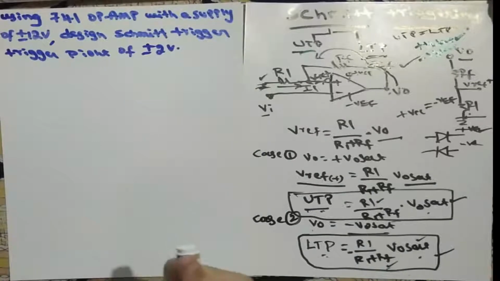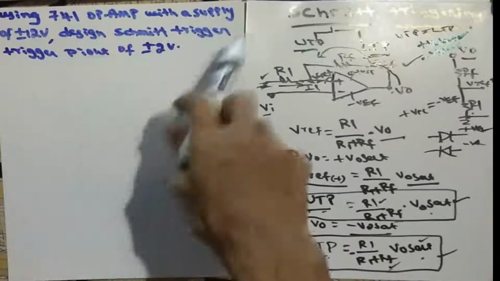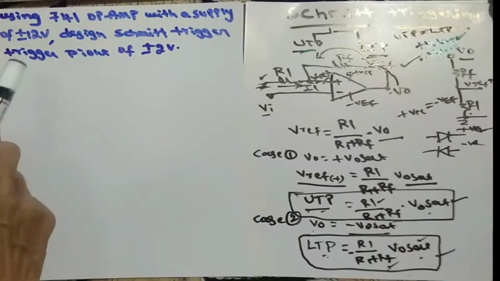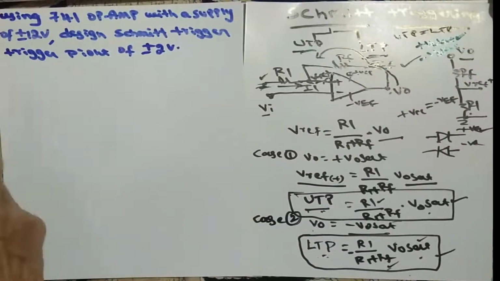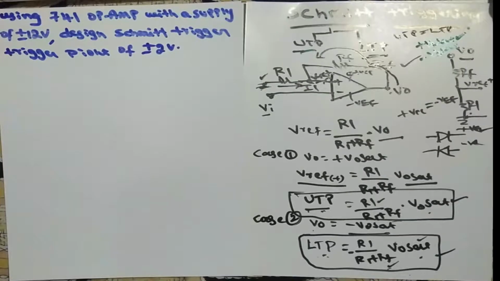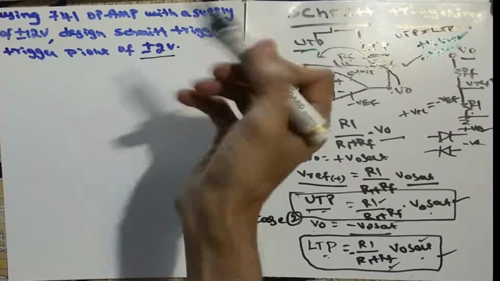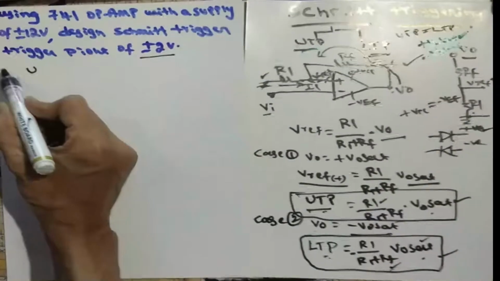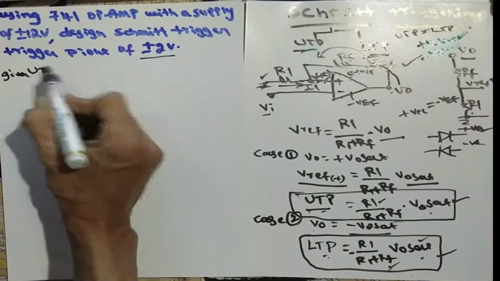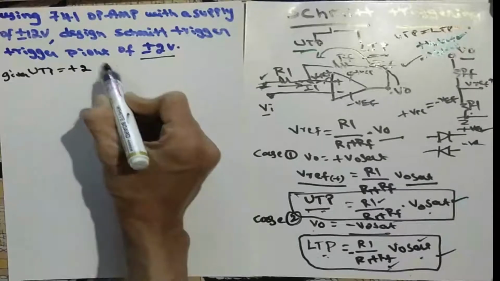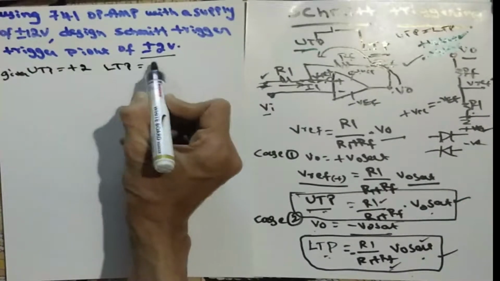Let's discuss a problem on the Schmitt trigger. Using a 741 op-amp with a supply of plus or minus 12 volt, design a Schmitt trigger with trigger points of plus or minus 2 volt. So the given is UTP equal to plus 2 and LTP equal to minus 2.